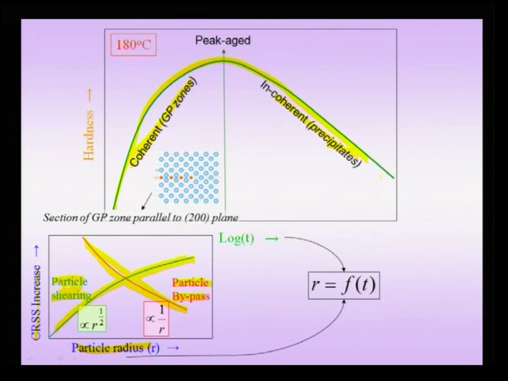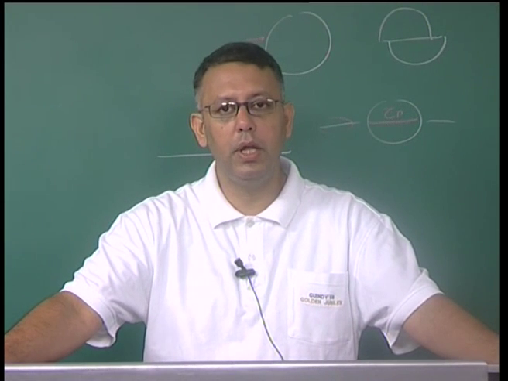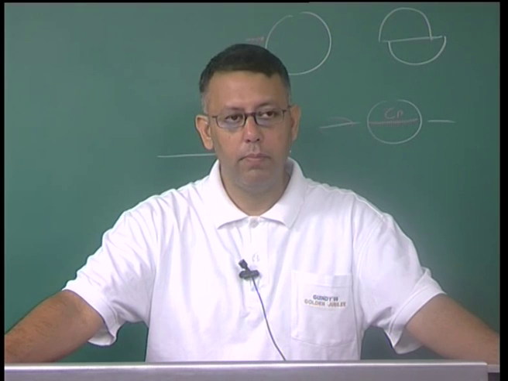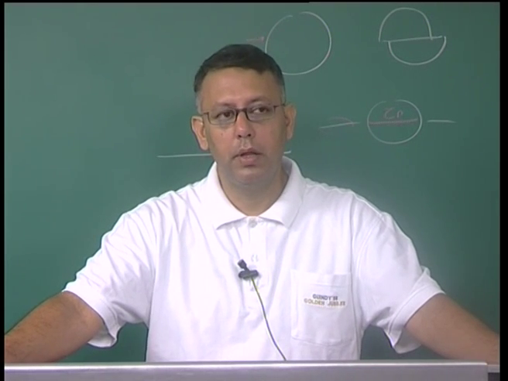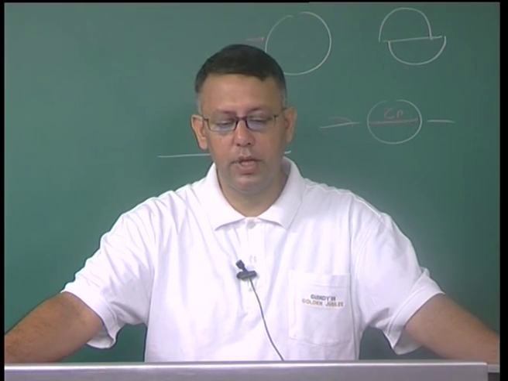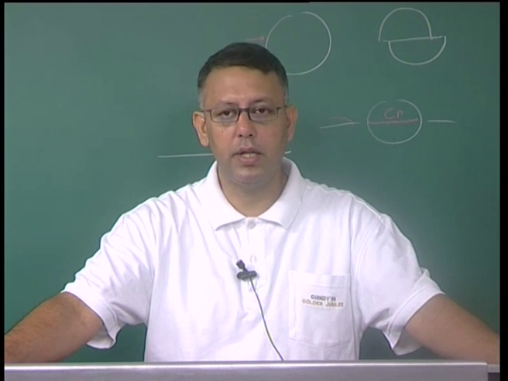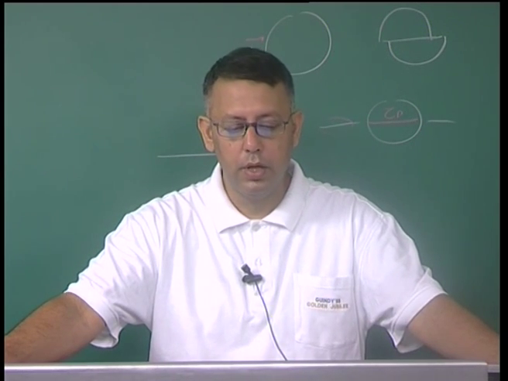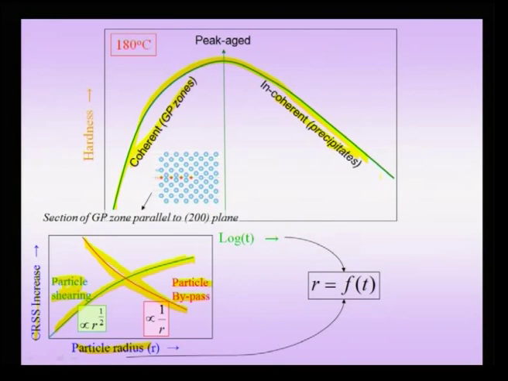Because of the nature of the interface of the precipitates, different mechanisms are operative, which gives you a peak age at a certain optimum amount of time. I would not like to age beyond this time, so as to retain my maximum benefit.